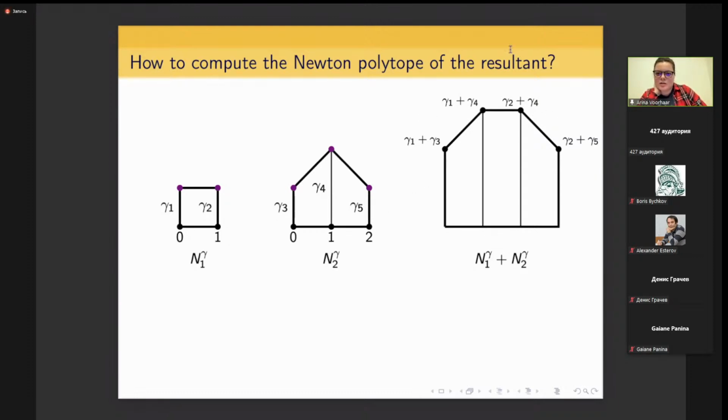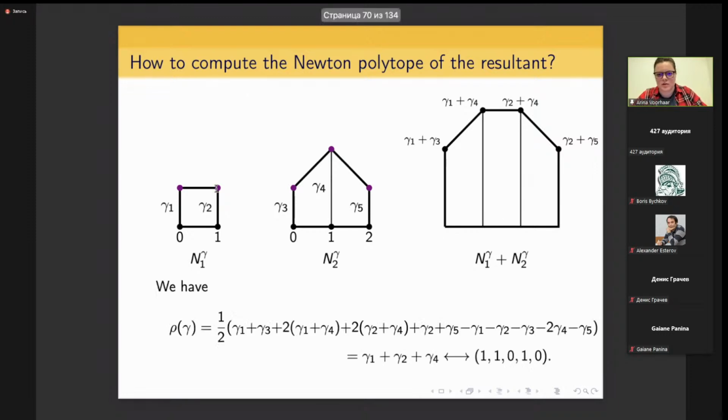Then if you take the Minkowski sum, you will get a union of trapezoids with, again, those heights I put next to the vertices. And since the lattice volume of a trapezoid is just the sum of bases times the height, one can easily compute everything explicitly. And in this case, we will get some expression.